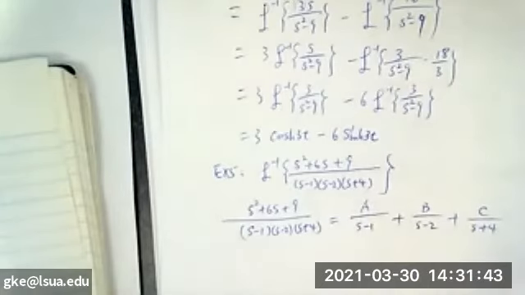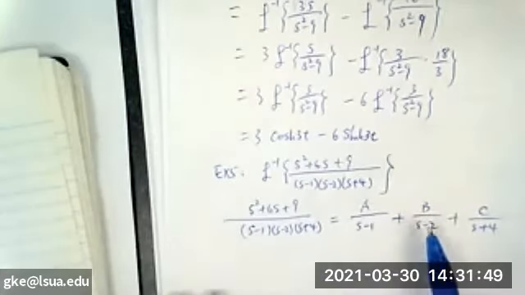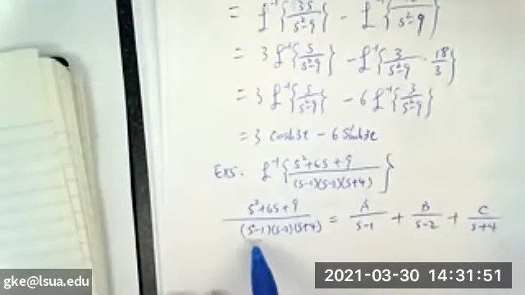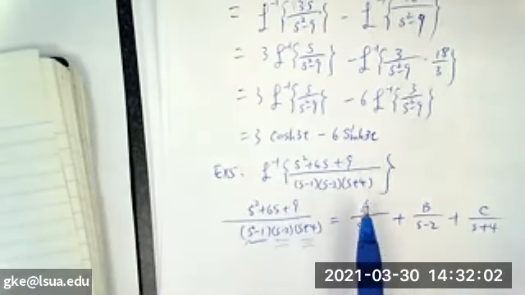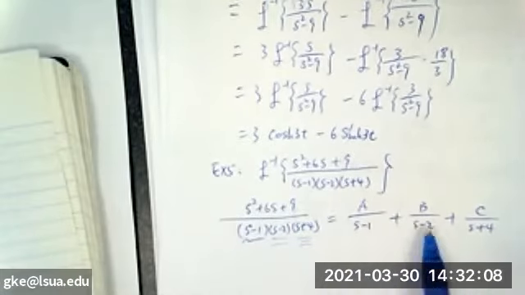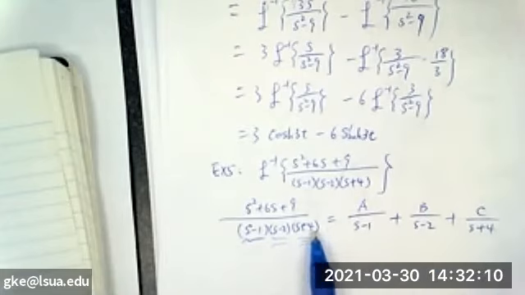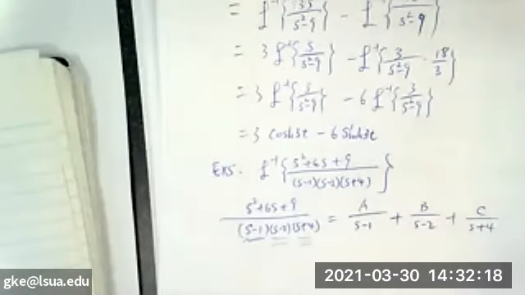We want to split this term into three terms because we have three factors in the denominator: a divided by s minus 1, plus b divided by s minus 2, plus c divided by s plus 4. The goal for us is to find what a, b, c are. So what are we going to do?